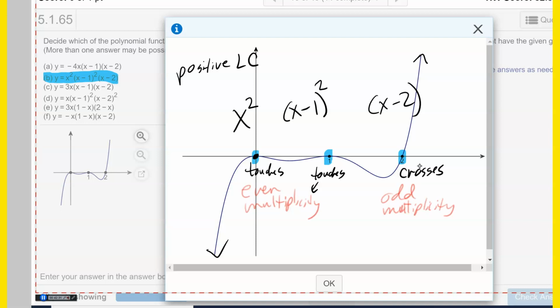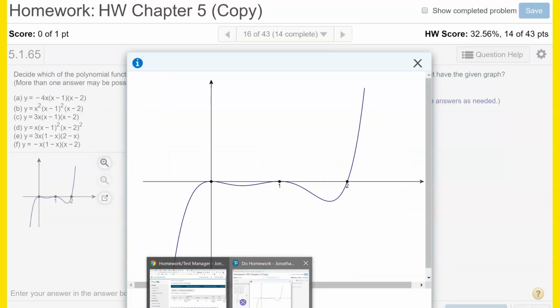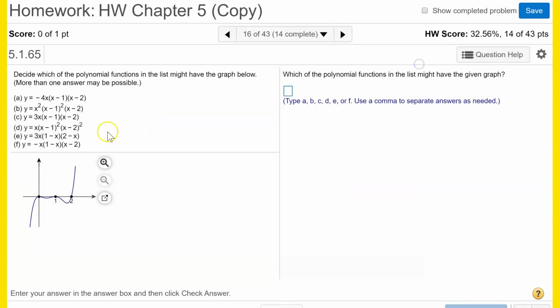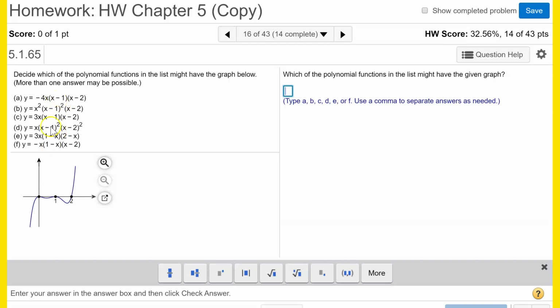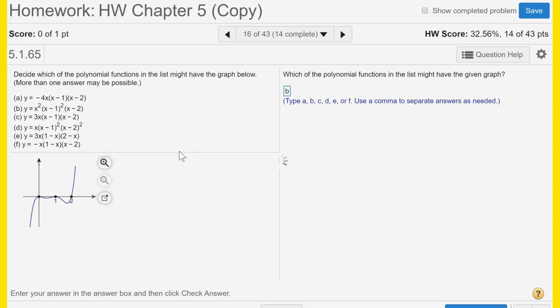I think that's the only good answer. None of the other answers can work. So that's going to be the only answer, so let me put that answer in there. It could have been that more than one of these might work, but in this case, only B is a good answer.